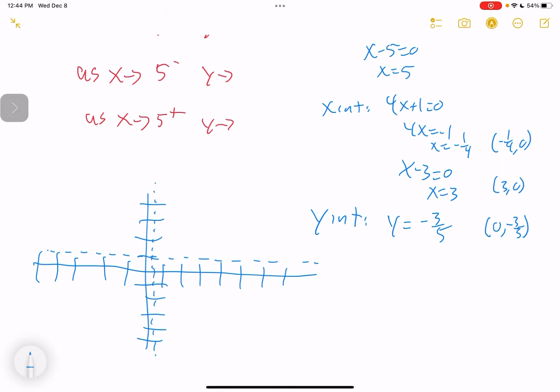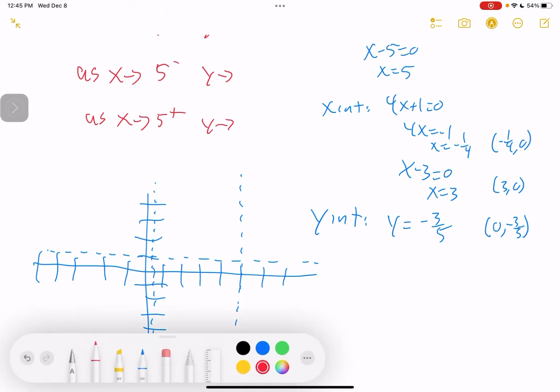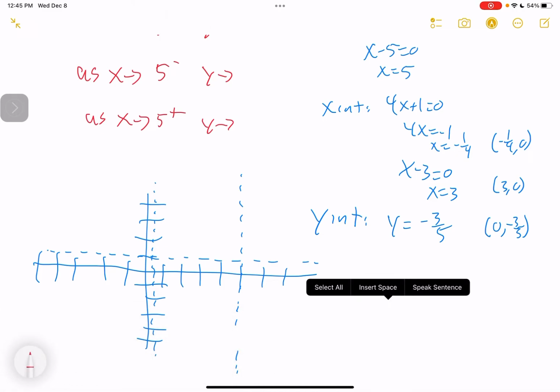We have another asymptote at 5, 1, 2, 3, 4, 5. And let's look at these intercepts. So I'm going to change colors for that, go back to red. We have an intercept at negative 1/4, 0. We have an intercept at 3, 0. And we have an intercept at 0, negative 3/5.